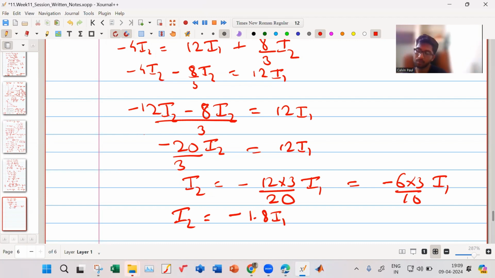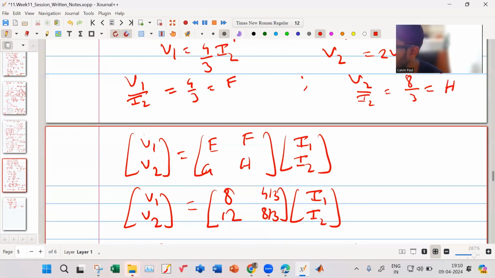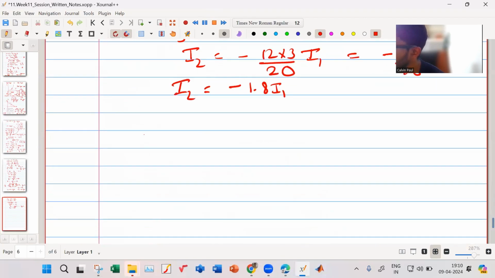Is this part clear? Yes, sir. But we need V1 by I1, right? Yeah. Now I know V1 is equal to 8 I1 plus 4 by 3 I2.